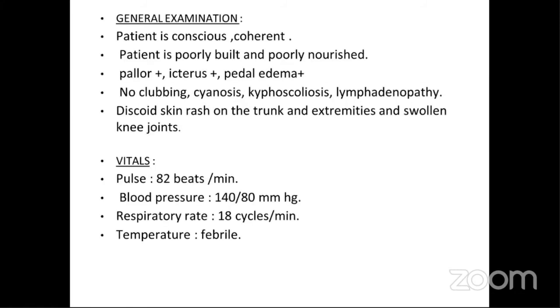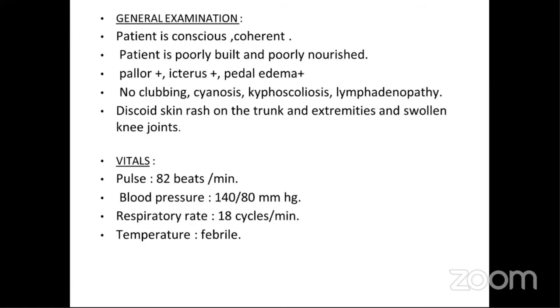General examination: patient is conscious, coherent. Patient is poorly built and poorly nourished. Pallor, icterus, pedal edema is present. No clubbing, cyanosis, kyphoscoliosis, lymphadenopathy. Discoid skin rash on the trunk and extremities and swollen knee joints are present.